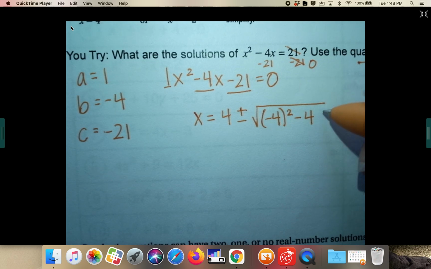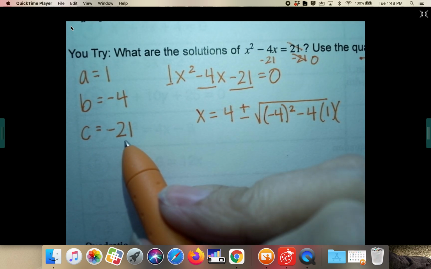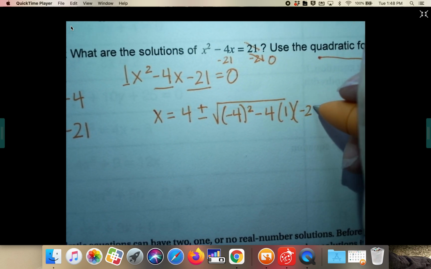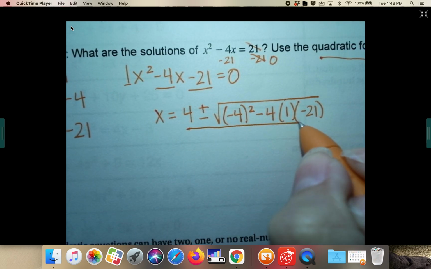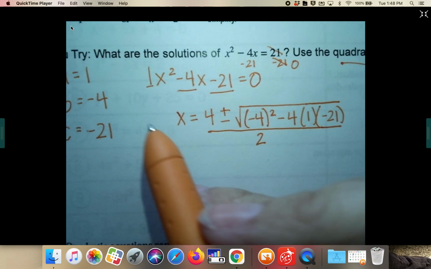So a is 1, c is -21. The square root's over that whole thing, all over 2a. a is 1.